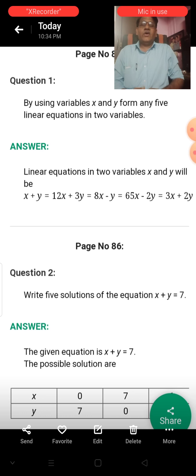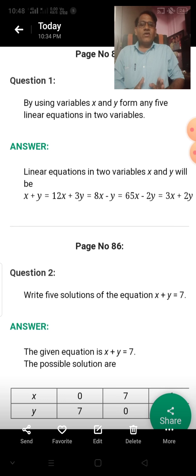Now first, you have to clear the concept: what is linear equation in two variables. Linear means what, and equation in two variables means what. First, linear means when the variables in the equation have power 1, then that equation is called linear. In an equation there are coefficients and variables; they may be a, b, or x, y, any.